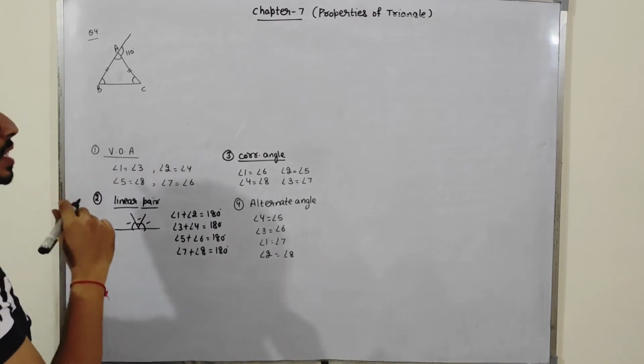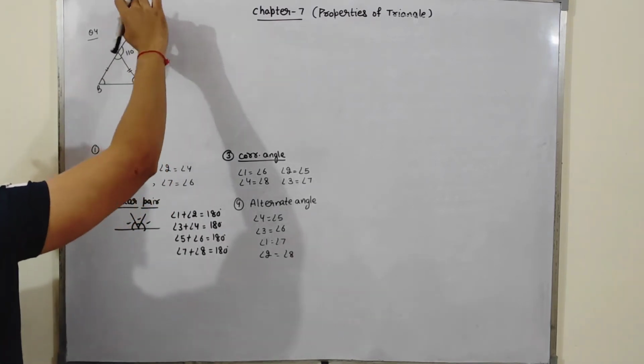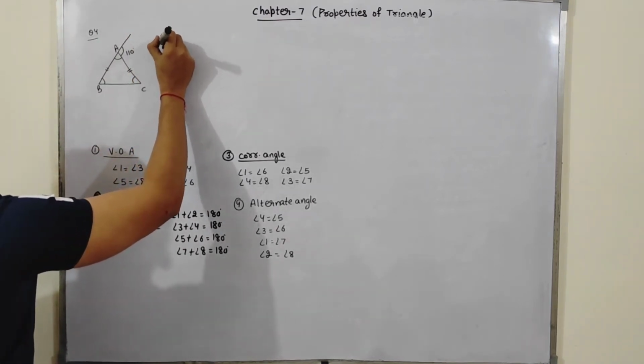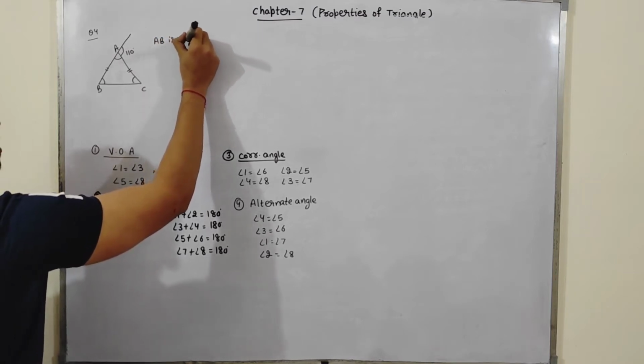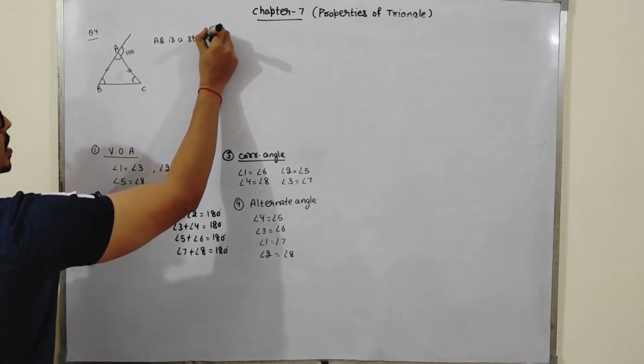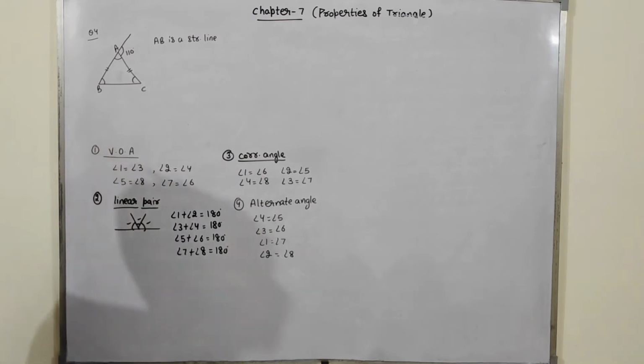Now see, this AB is a straight line. Okay. So students, see, if this is a straight line, sum of the angles will be how much? 180 degree because of the linear pair.